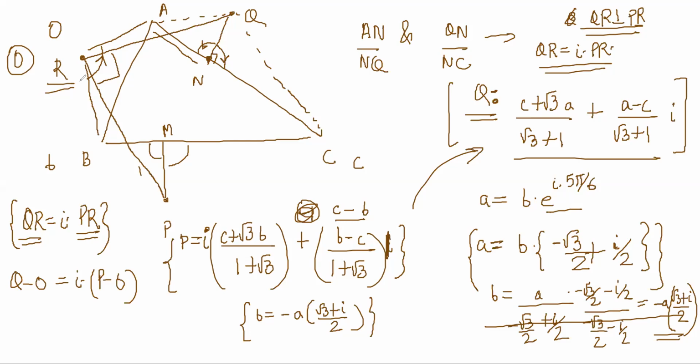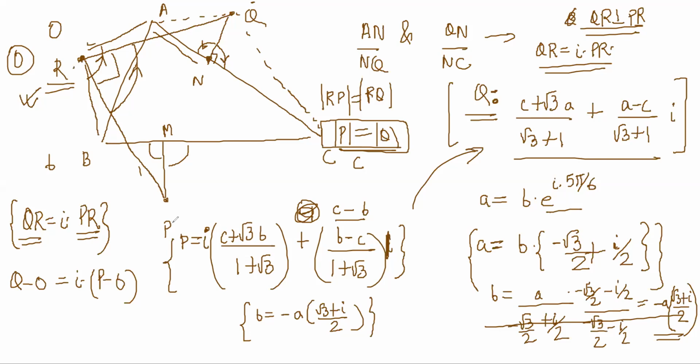Also RP is equal to RQ, proving that is also very easy, because you have to just do the mod of RP, because ultimately you have to prove this angle and this distance and this distance, no? So if you take this as origin, then everything becomes simpler, right? Yes. So take this as origin, and then basically the question is about finding P and Q. Once you find P and Q, after that it is calculation and verification, right?